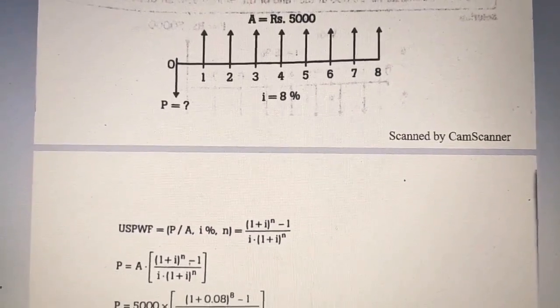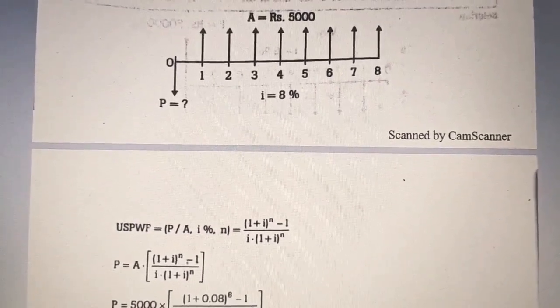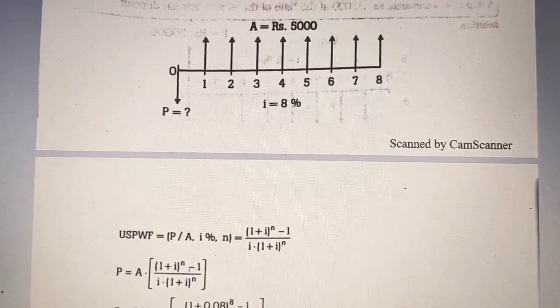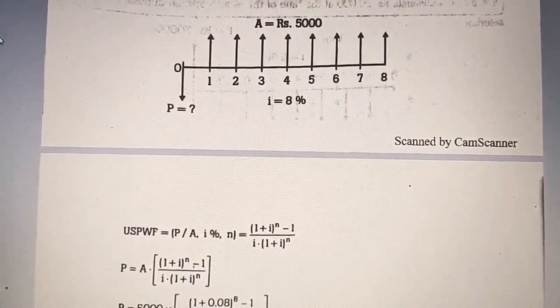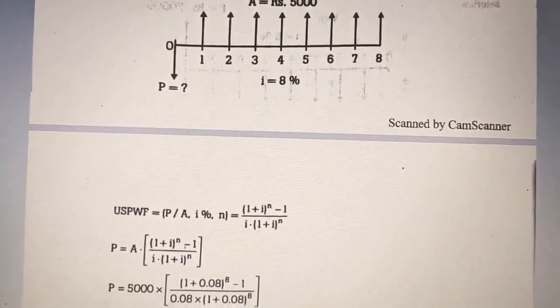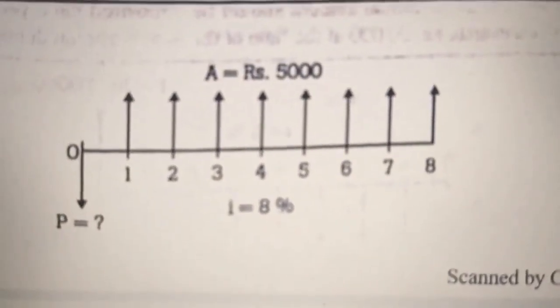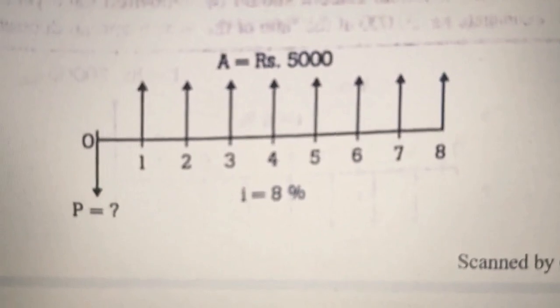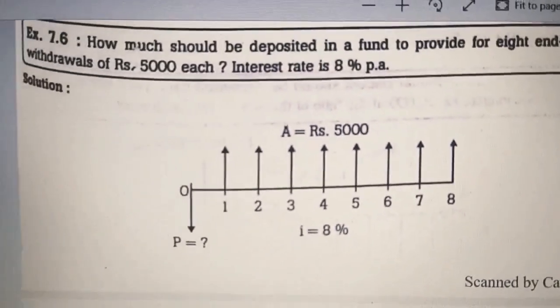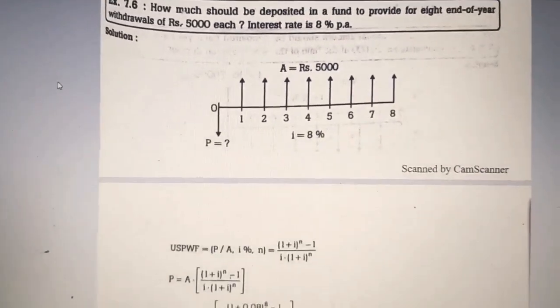Again, after this our numerical problem does not end, because after calculating this number we should go for the graphical representation, the cash flow diagram. So again here the same logic I am applying. You can see two different types of lines, horizontal and vertical.